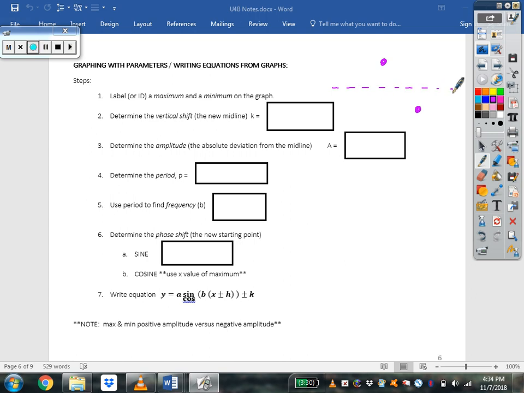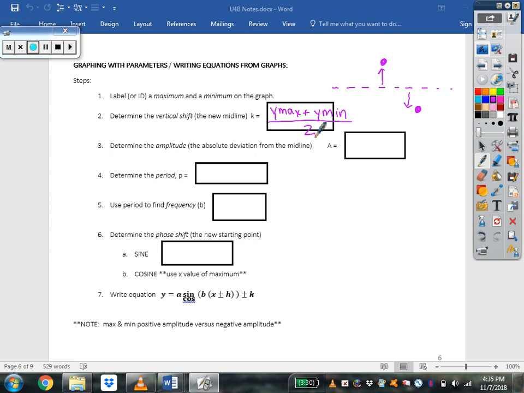Because remember, your amplitude has to be exactly halfway up and then halfway down. So to get your K, or your vertical shift, you're just taking the average of your Y values, because a vertical shift only affects your Y values. So you would take your Y max value plus your Y min value, and then divide that by 2 to get your average. That's how you get your vertical shift.